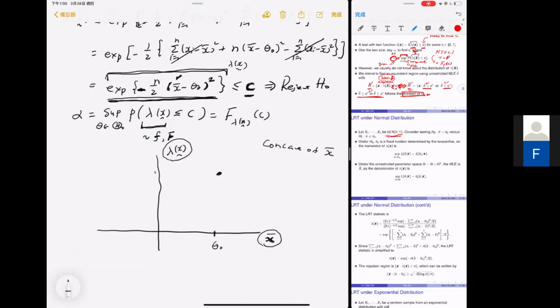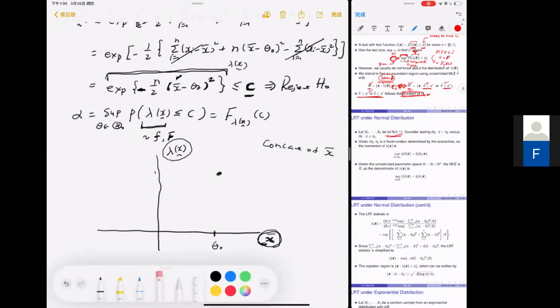If you plug in x bar as theta 0, what happens? Theta 0 cancels out, everything is 0, and exponential of 0 is what? 1. Good.